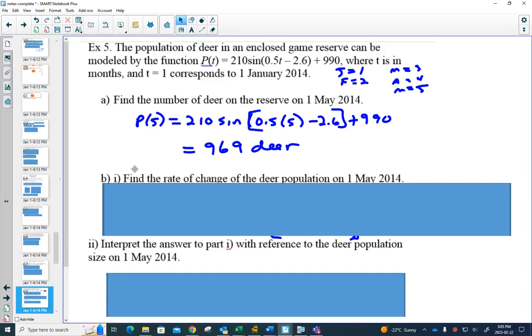No derivative here because they're just asking for how much on a certain day. And then you just do one of those.